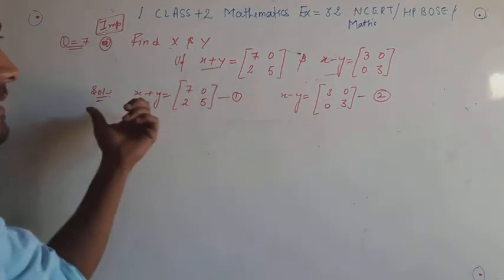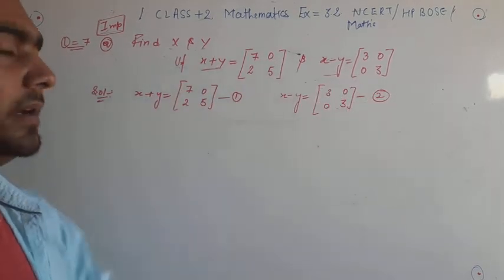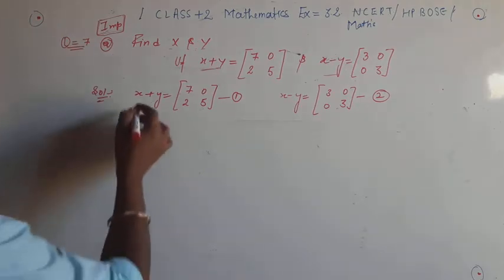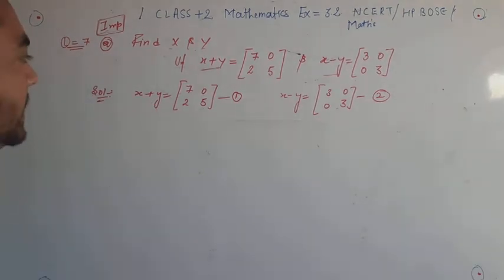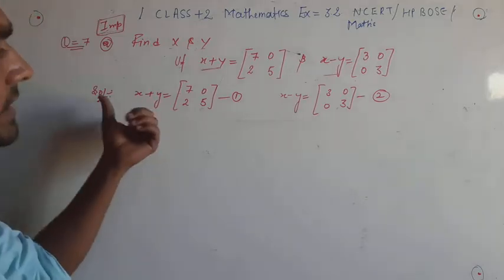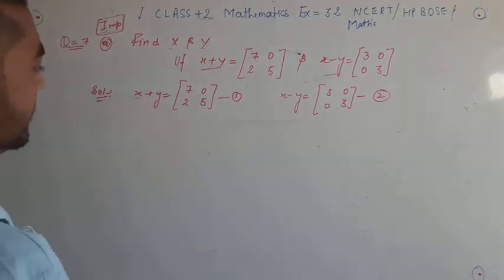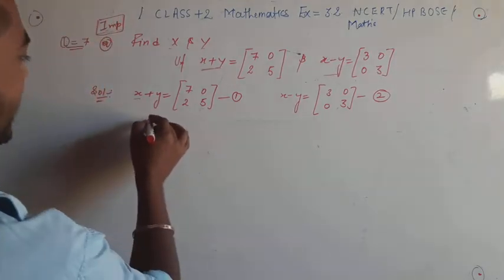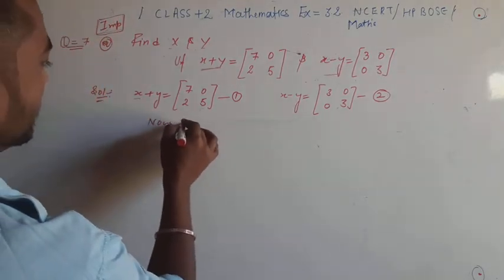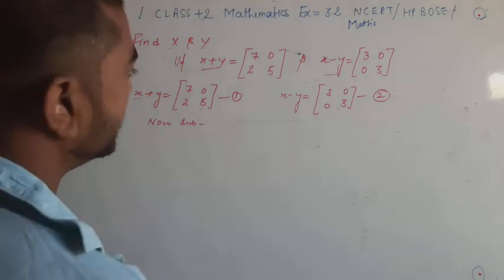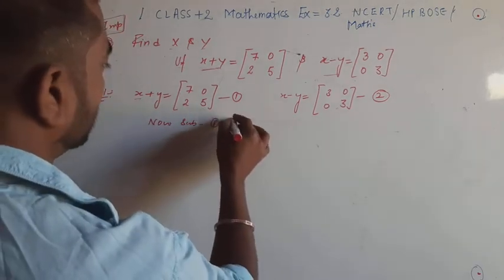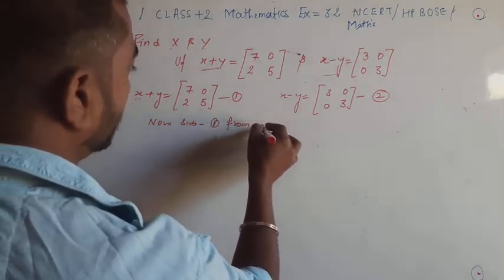The terms of x and y are equal, so we can eliminate the terms. Now subtract equation 2 from equation 1.